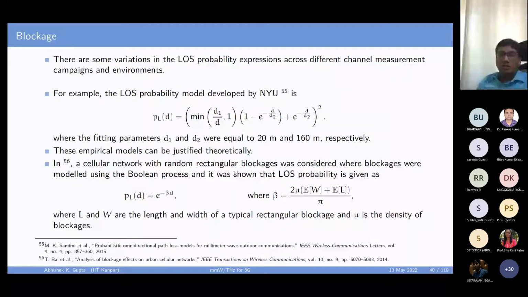For example, this is another model which is given by NITR with different parameters. These models are not just empirical, there is also a theoretical guarantee.